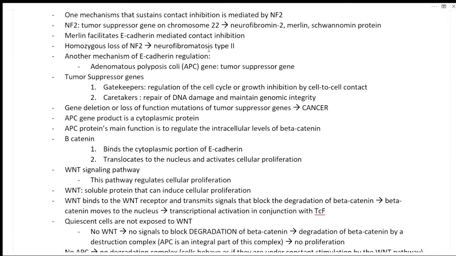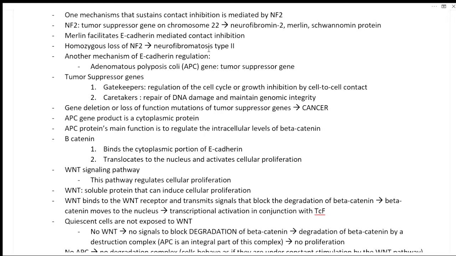So what is NF2? NF2 is a tumor suppressor gene found on chromosome 22. It encodes neurofibromin 2, which is also referred to as Merlin or the schwannomin protein. This Merlin protein facilitates E-cadherin mediated contact inhibition.